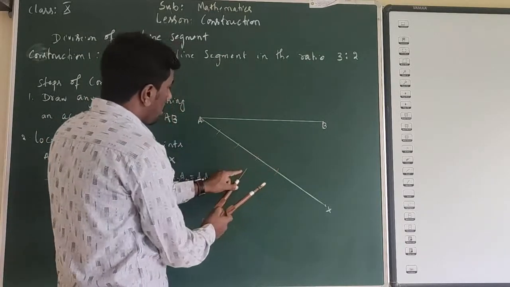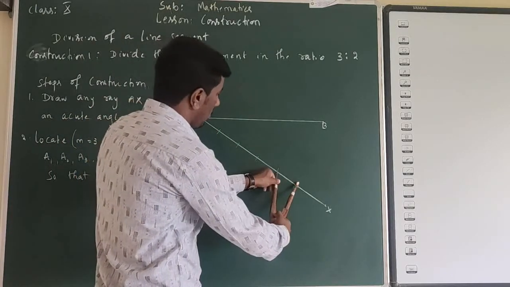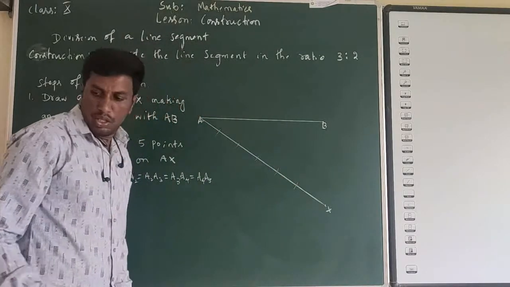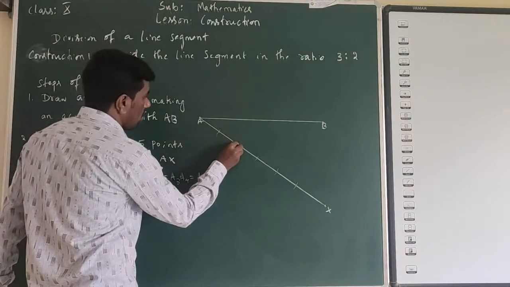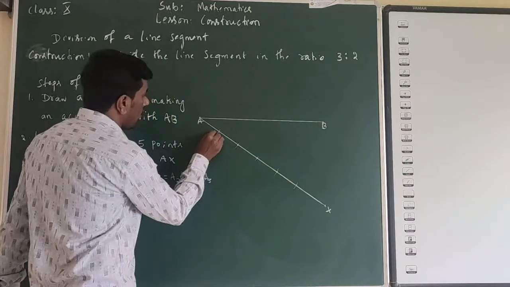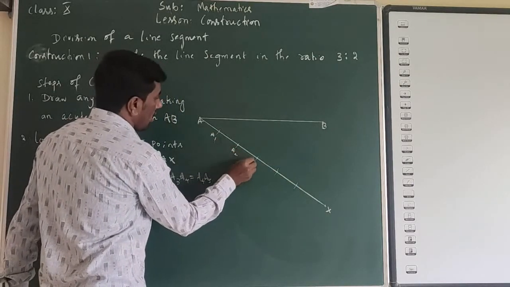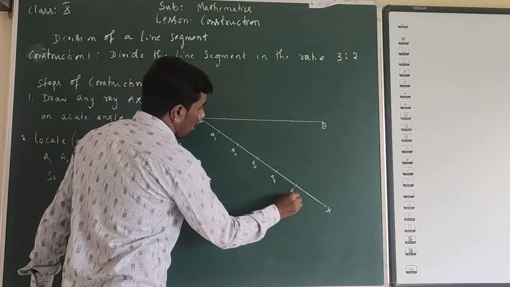You should not change the compass. 1, 2, 3, 4, then 5. You should mark these as A1, A2, A3, A4, A5.